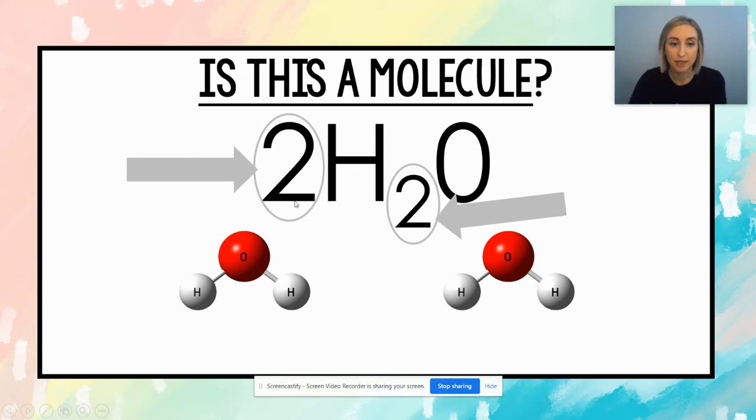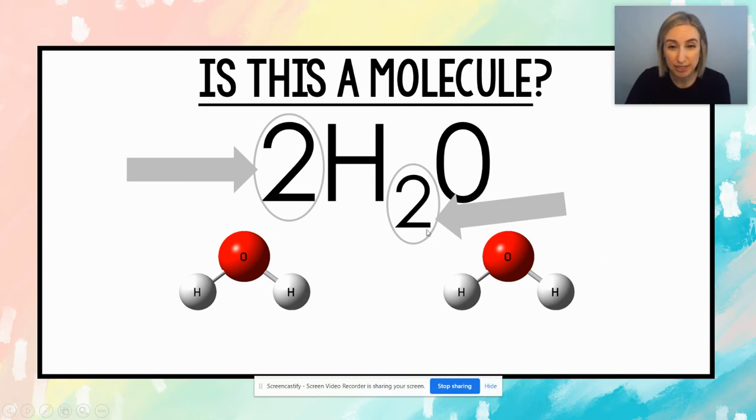And in the video last week, you also should have learned what these numbers represent. So when you see a big number at the beginning of a chemical formula, like this 2, that is the coefficient, and that tells you how many total molecules you have. So because this is a 2, right here, you've got 1 and 2. You've got 2 separate molecules.